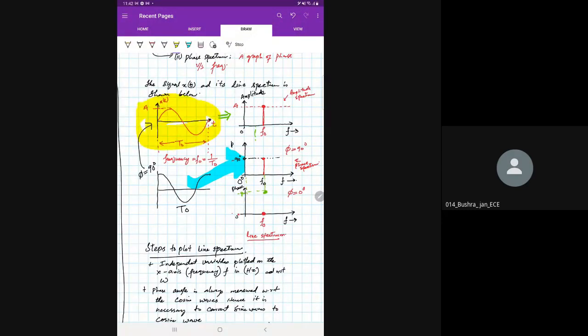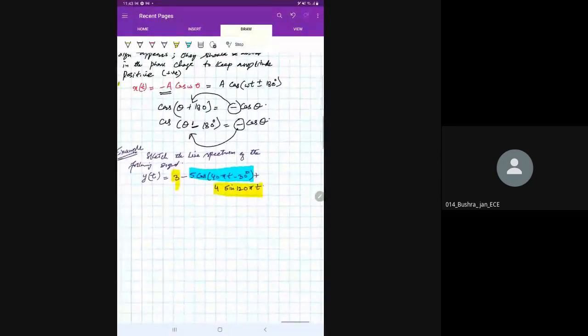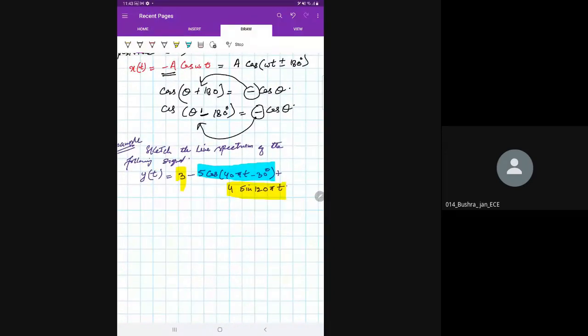ये सिग्नल जो थी ये प्योर साइनोसाइडल थी, इसमें एक ही कंपोनेंट था. तो अगर हम इसको mathematical form में लिखते, so it would have been x of t is equal to a sin omega t. So it had only one component. But the question that is given here has three signal components.